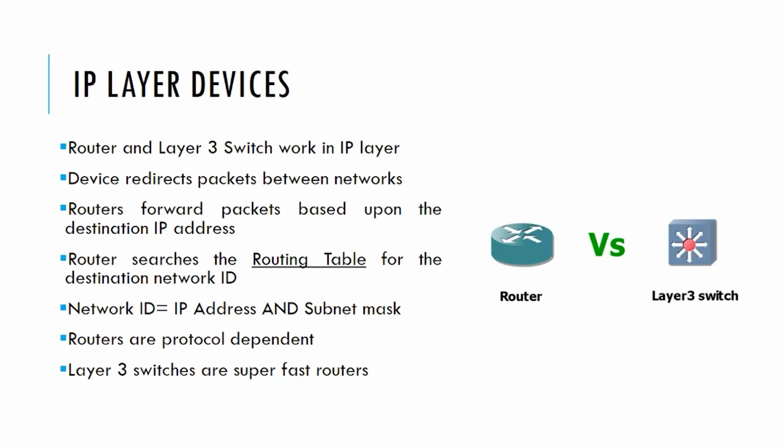Devices working on layer 3, devices working on the IP layer, are the router and layer 3 switch. The router and layer 3 switch are the devices that redirect packets between networks. They forward packets based on the destination IP address and according to the routing table stored inside the router or layer 3 switch.